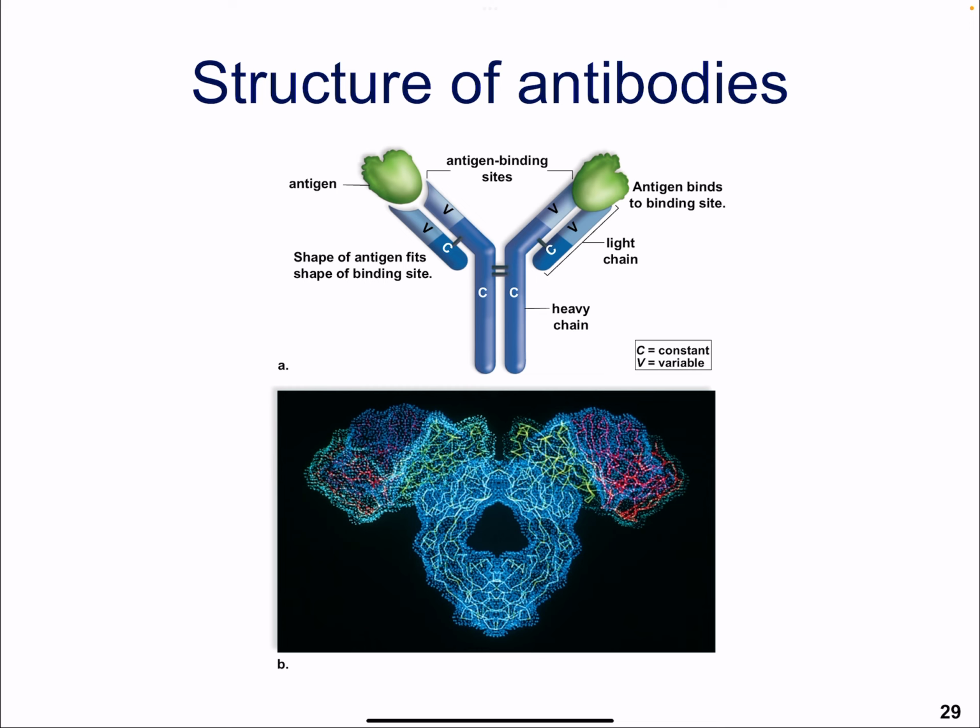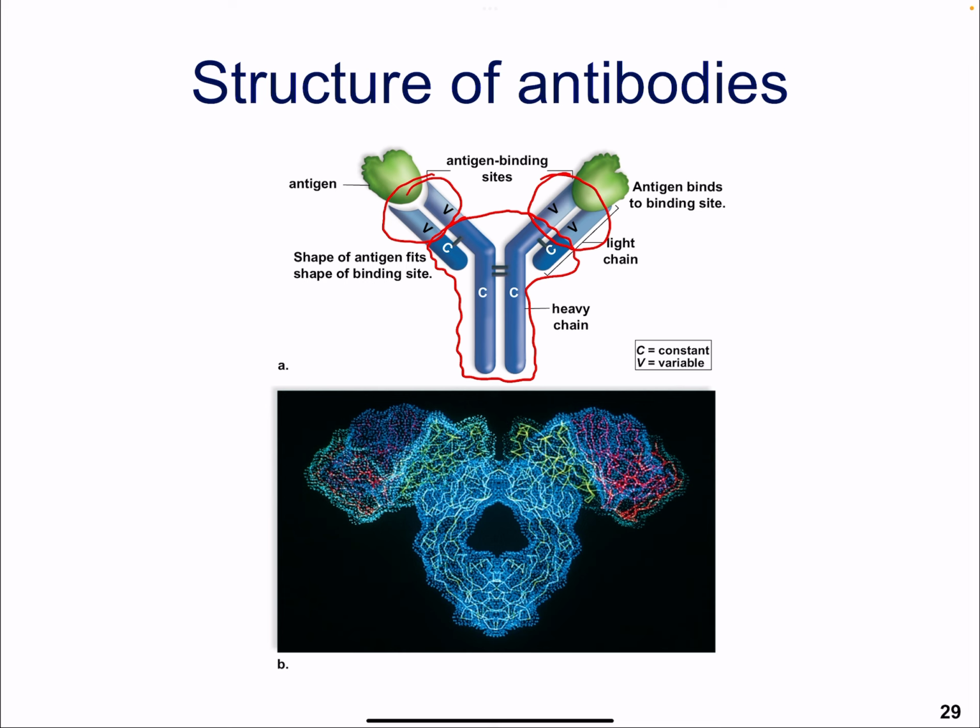So this is the structure of antibodies. You are going to see that we have a constant region right here, and a variable region right here. For a given class of antibody, the constant region is going to be the same across the class. The variable region obviously is going to vary, right?